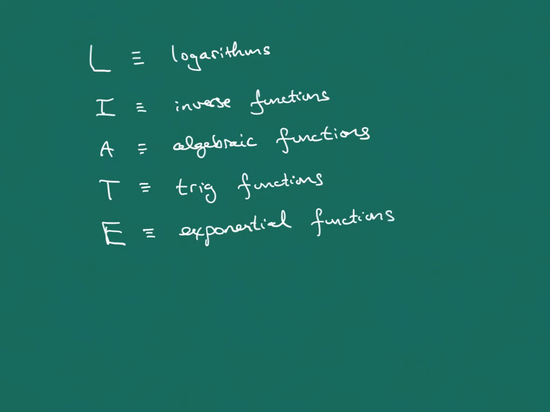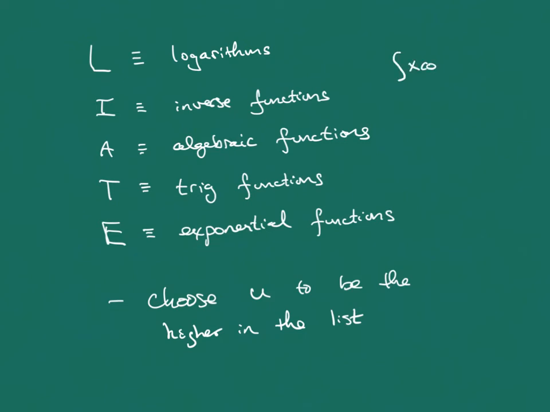And the idea with this is that you want to choose u to be the one higher in the list. So what we had last time was our integral of x cosine of x dx.